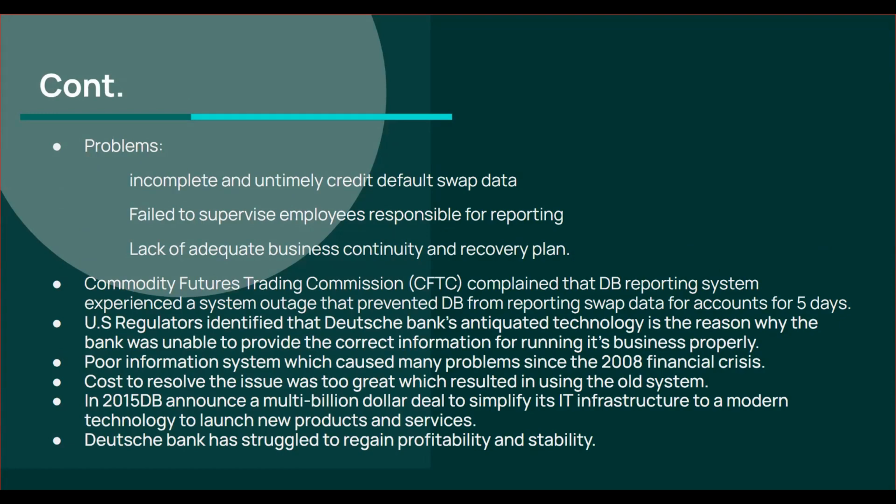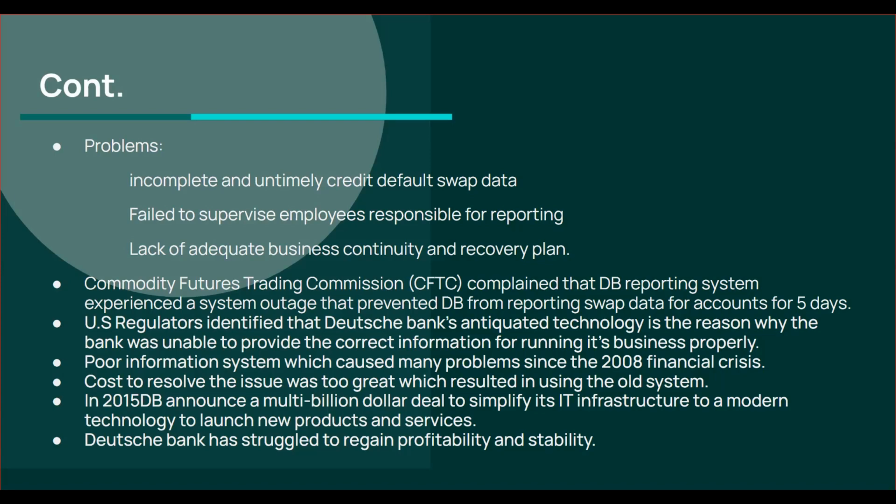The Commodity Futures Trading Commission complained that the bank's reporting system experienced a system outage, which prevented them from doing reports for 5 days. They also said that the bank was using antiquated technology, which was one of the reasons why the bank was unable to provide the correct information to run its business properly.